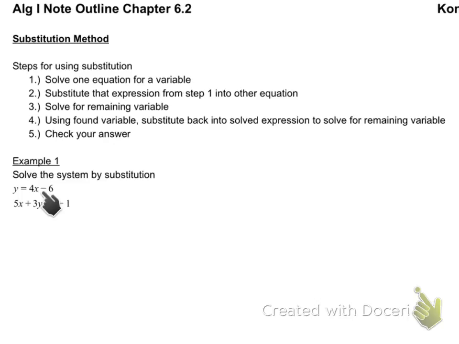But the thing is, I don't have to use that one if I don't want to. I could, in the first equation, solve for x, which means add 6 to both sides and then divide by 4. But that would create some fractions. It's going to create more work. I don't want to do that. But I could solve for x in the second equation by subtracting 3y from both sides and then dividing by 5.